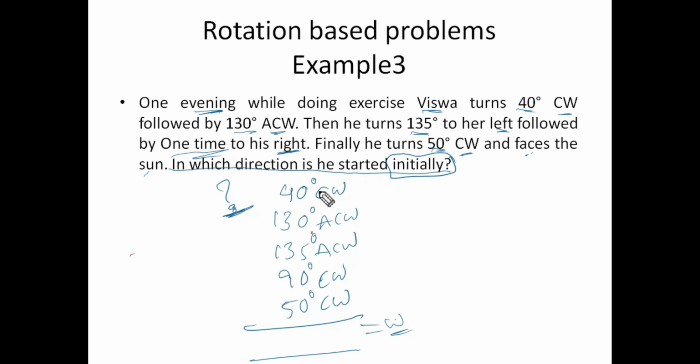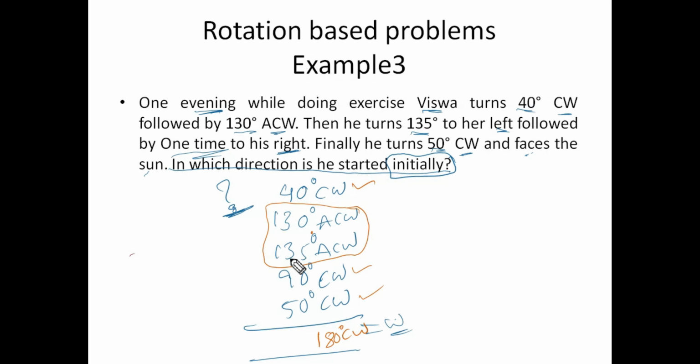Here we'll find the resultant angle first. Add all clockwise: 40 degrees, 90 degrees plus 50 degrees. 40 plus 90 is 130, plus 50 is 180 degrees clockwise. Next, add all anti-clockwise, these are the two anti-clockwise turns.